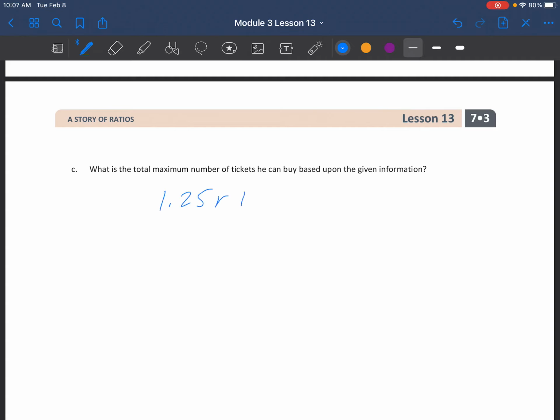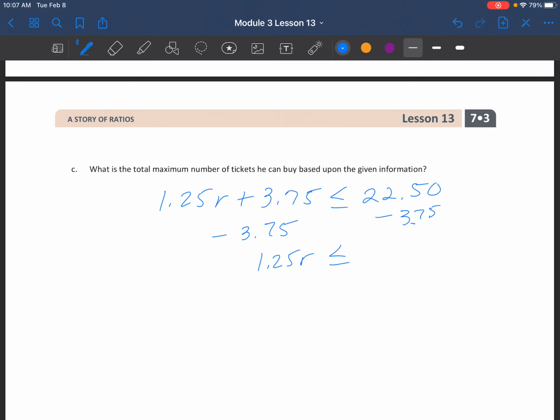Let's go to the next page here. What is the maximum number of tickets he can buy based upon the given information? So this is what I was trying to do earlier. I was ahead of myself. The way that we find out what the maximum number of tickets is, is to take our original inequality and solve for R. That's going to tell us the maximum amount.